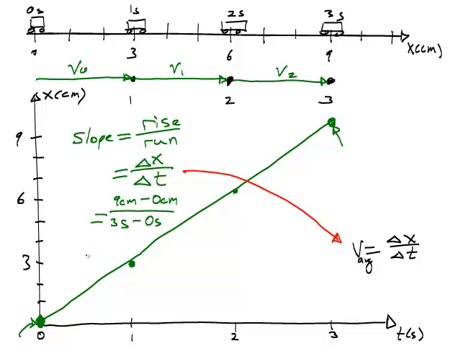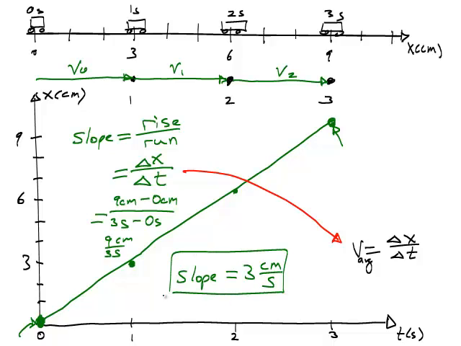And what do I find? This gives me 9 centimeters divided by 3 seconds, or that my slope is equal to 3 centimeters per second, which is, again, our average velocity.